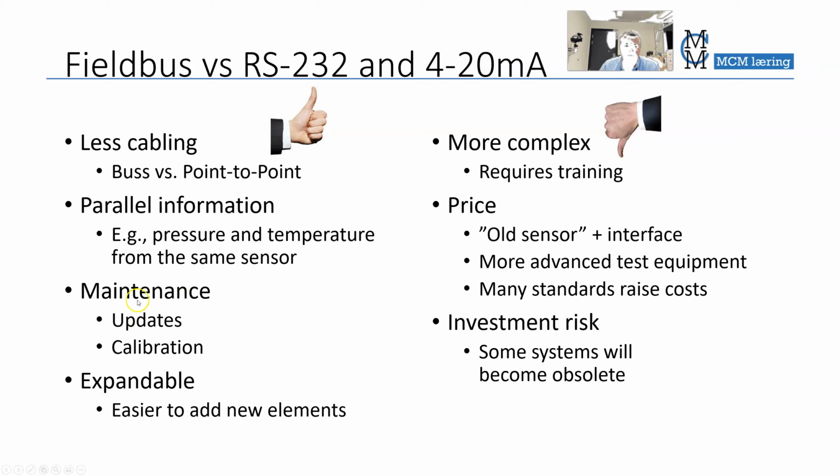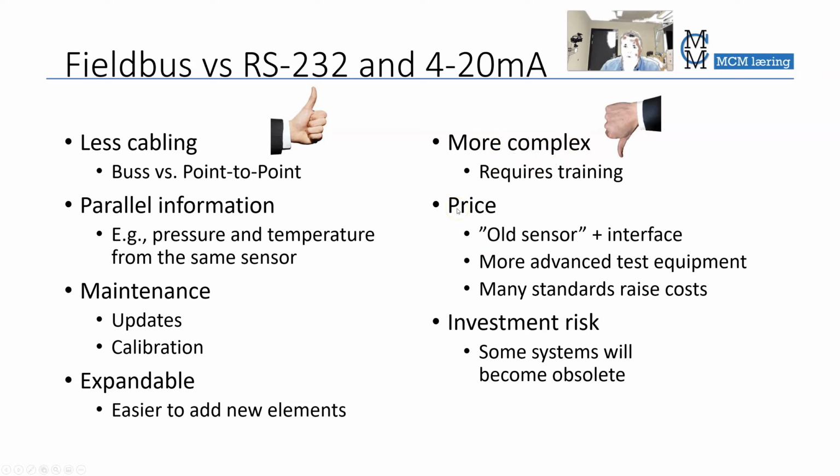It's easier to do maintenance. You can do calibration online, for example. You can send the data to a device on how it can calibrate. And it's expandable. It's easy to add new elements. On the downside, it's more complex. It requires training for the engineer, the group of engineers.